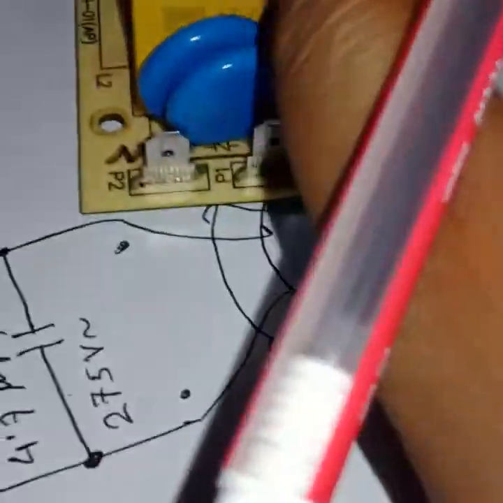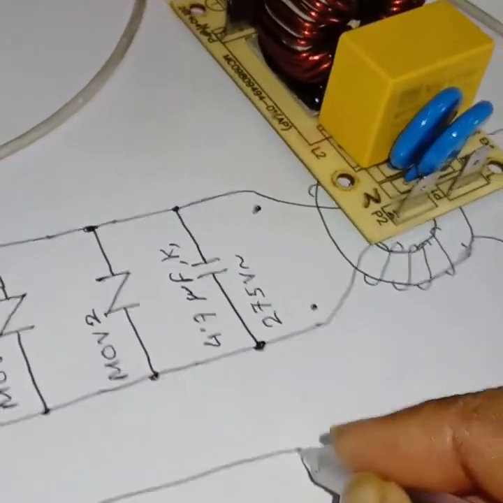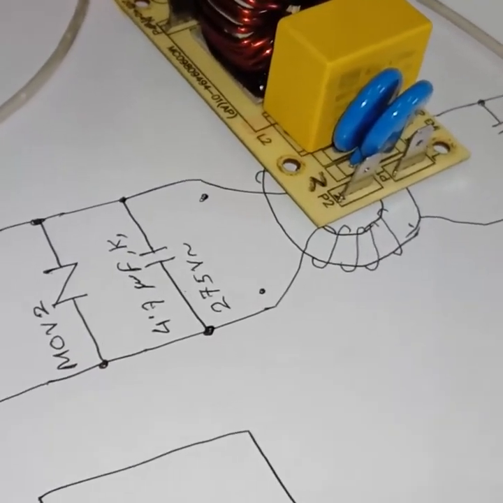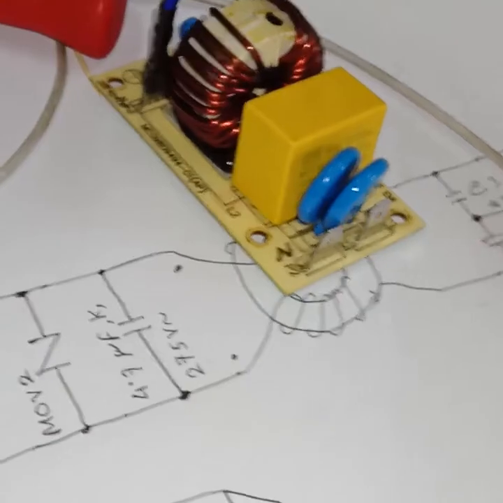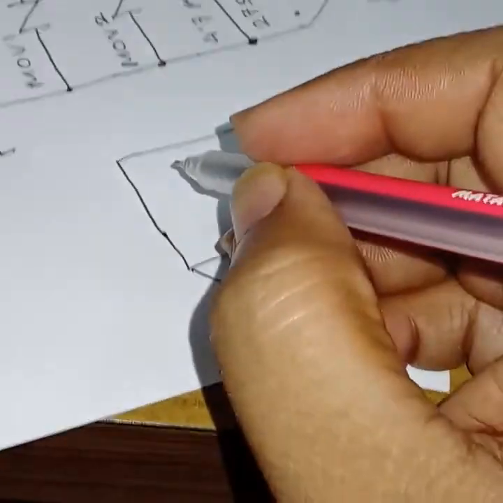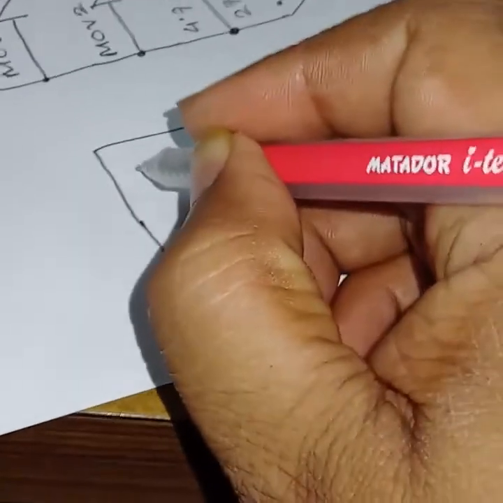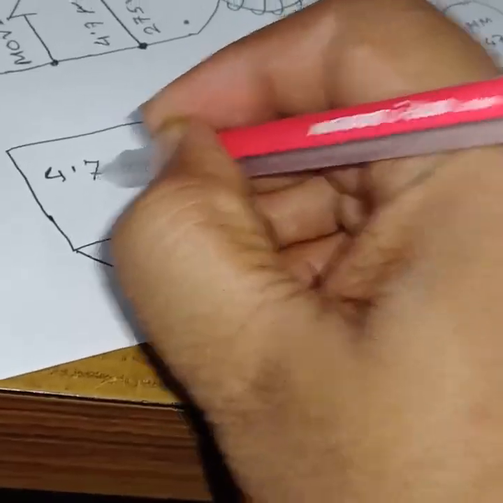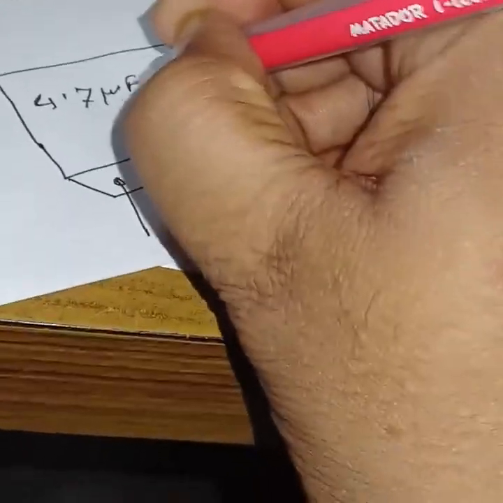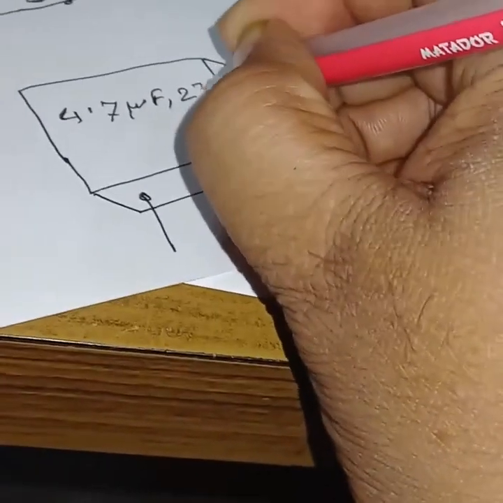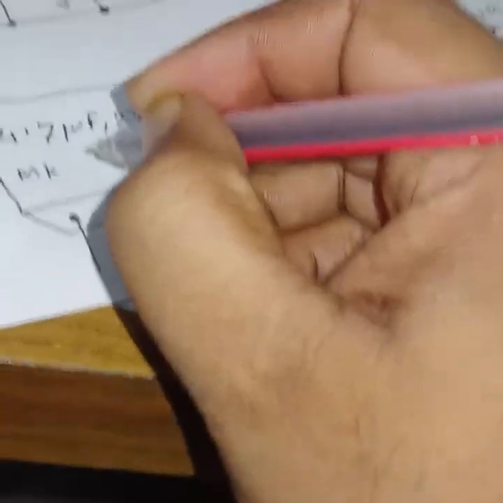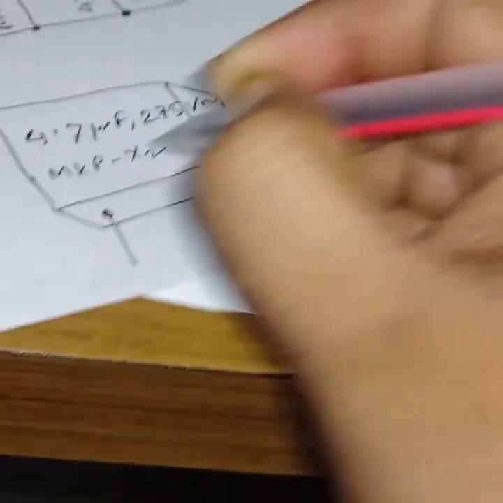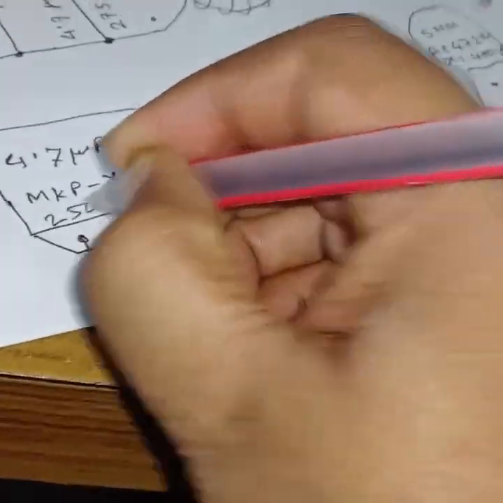For this big capacitor, values are written in this way: 4.7 microfarad, 275 volt AC, then MKP, X2, 250 volt AC.